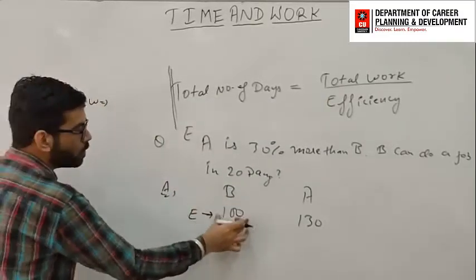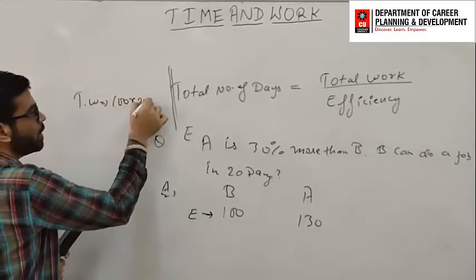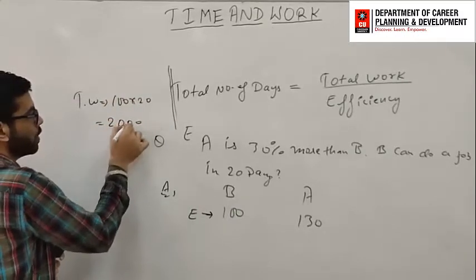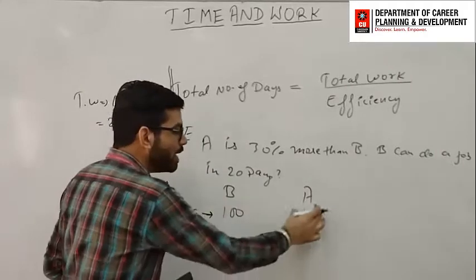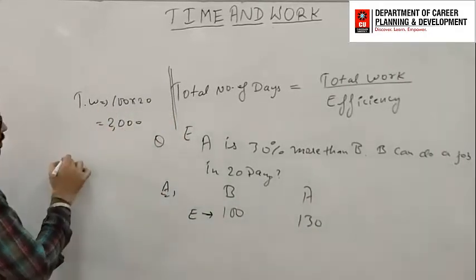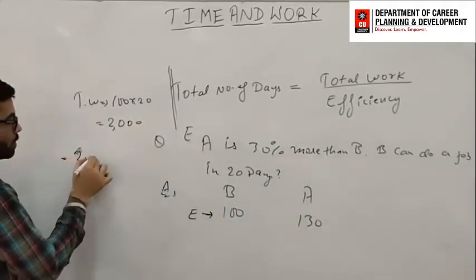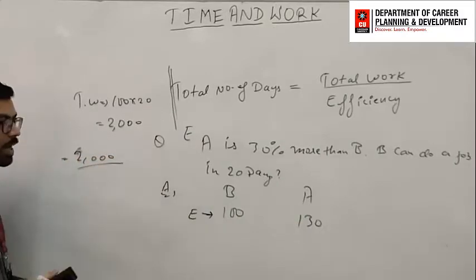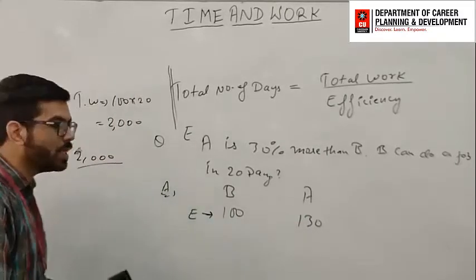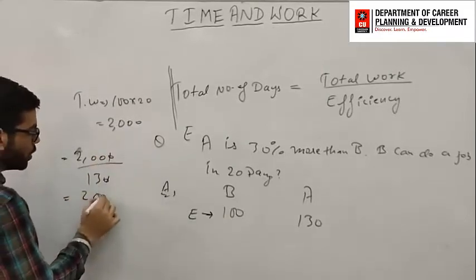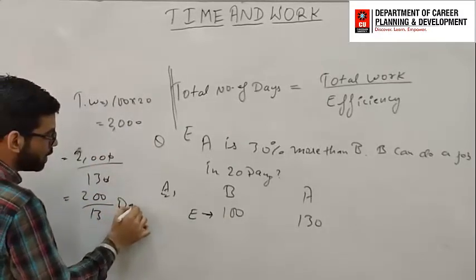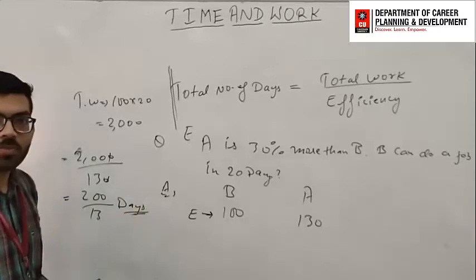The total work comes out to be 100 multiplied by 20, which is 2000. Now, in how many days can A do it? A will take total work, 2000, divided by the efficiency of A, which is 130. So A will take 200 by 13 days to complete the job.